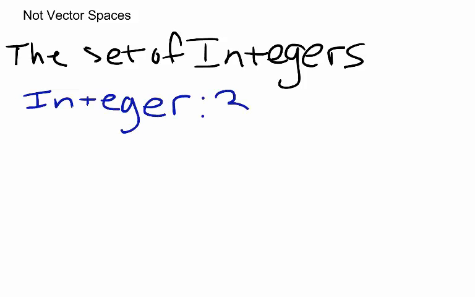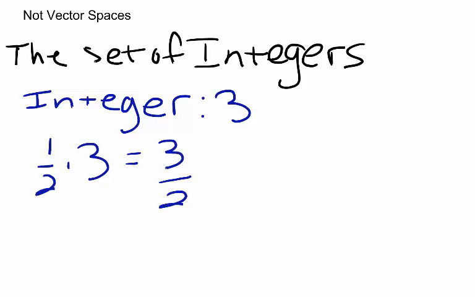So if we have an integer 3, and we multiply 3 by a scalar, 1/2 times 3, the result, 3/2, is not an integer. In other words, it is not closed under multiplication.